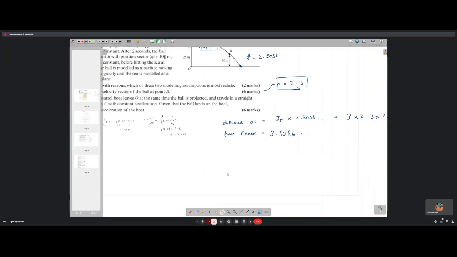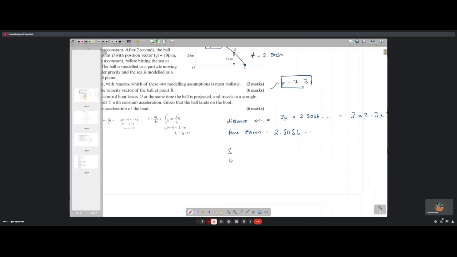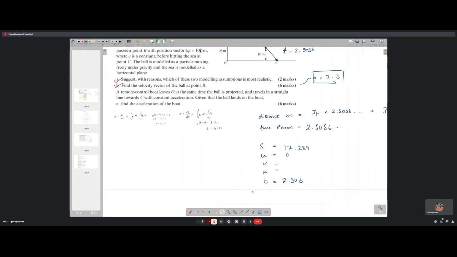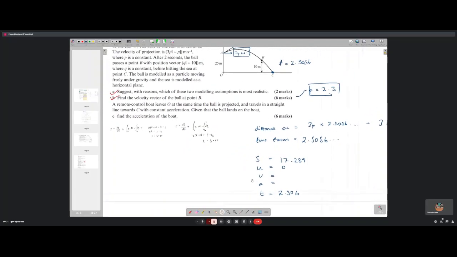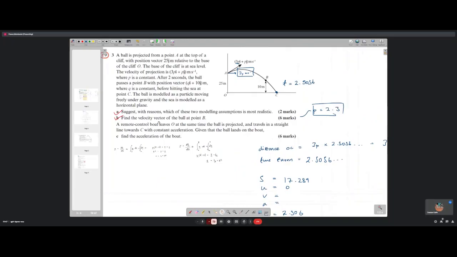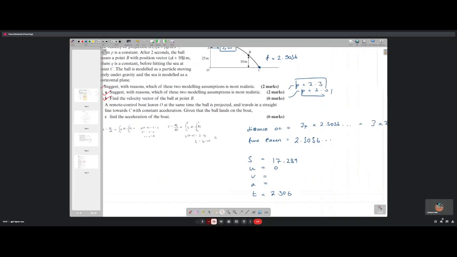And so with that distance and that time, then you can use SUVAT. You know that the velocity is 0, although it's not given, I think it's implied that the initial velocity will be 0.